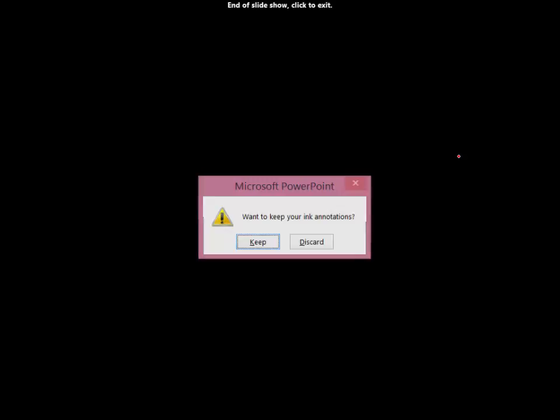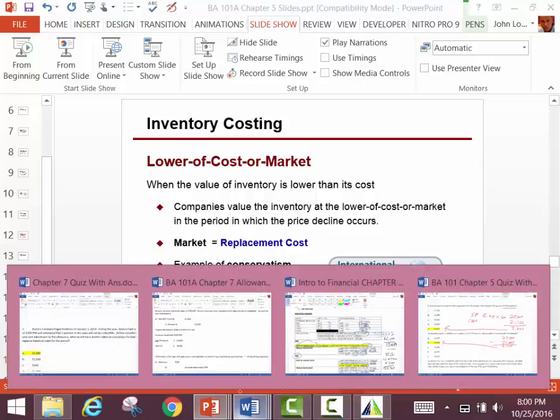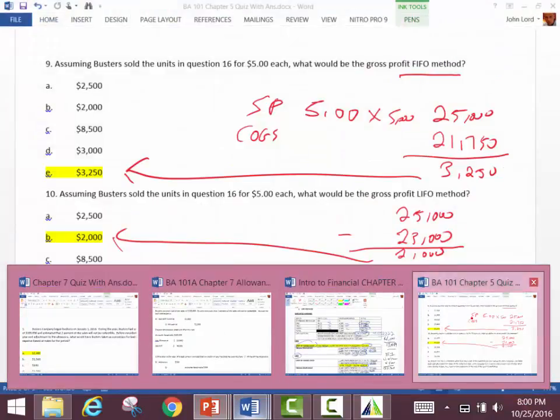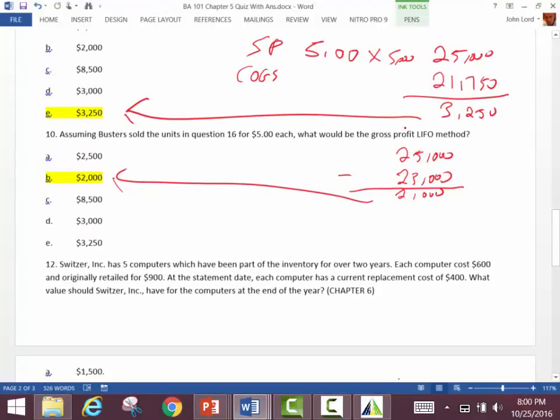Okay, so with that, what I want to do is go back and take a look at a couple of those Chapter 5 quiz questions that we hadn't finished from before.